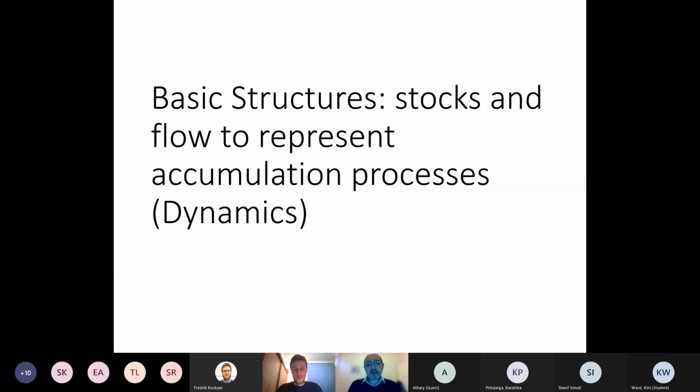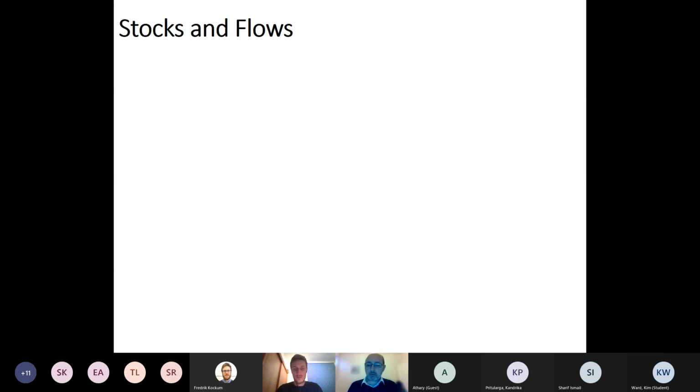So this is part of the basic structure, and the other thing about stock and flow diagrams is that basically we go directly from the stock and flow diagram to the model. So we start working directly on the software and having almost a model ready to run.